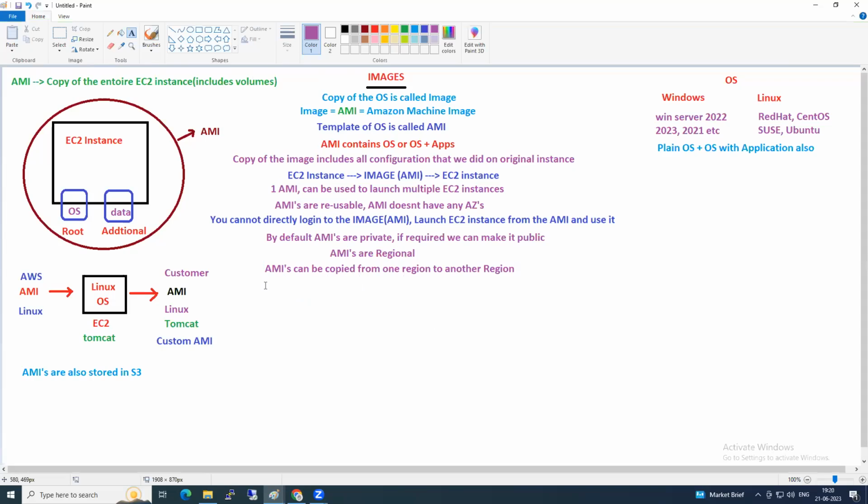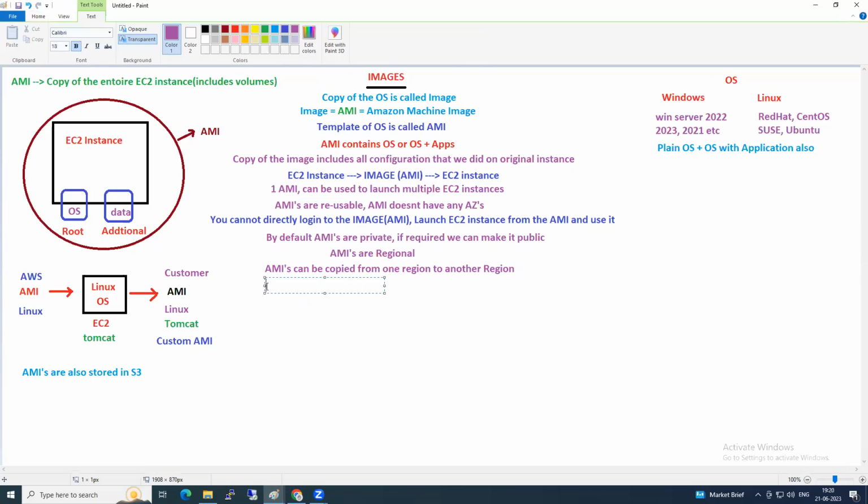Okay. AMIs can be shared from one account to another account using the AWS account ID.